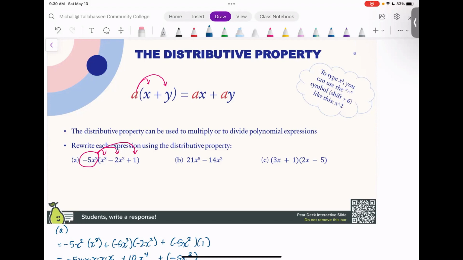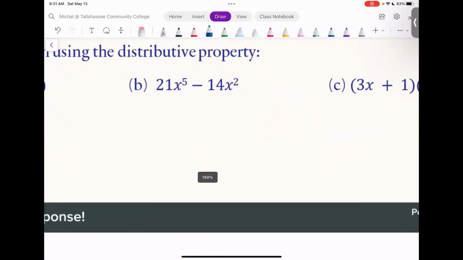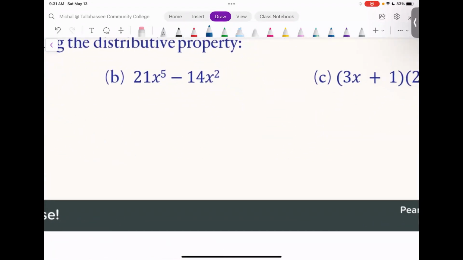So what I want to do in part B is reverse the distributive property. I want to identify my common factor that's in both terms, and I want to pull it outside of the group using division. So let's talk about the different terms that compose part B.